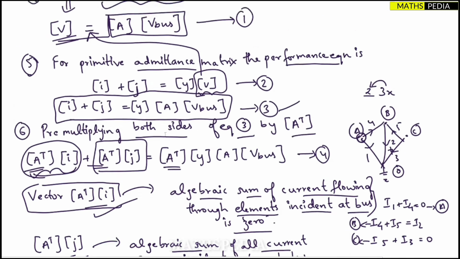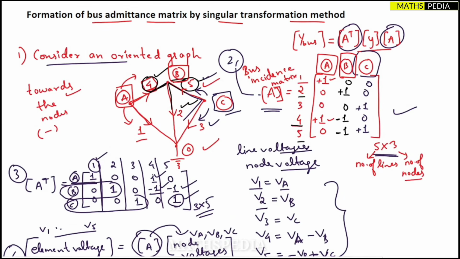So let me briefly tell you what I have done. I have basically considered an oriented graph, and the second step is that I have made an incidence matrix based on the oriented graph. You can take any example of an oriented graph. Based on that, you have to make the incidence matrix.